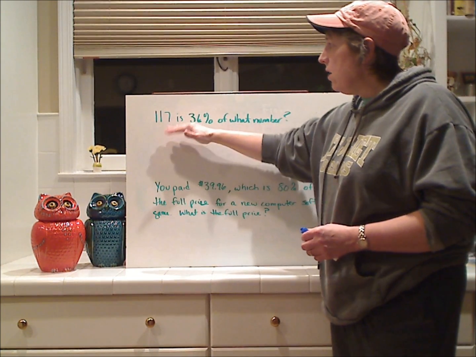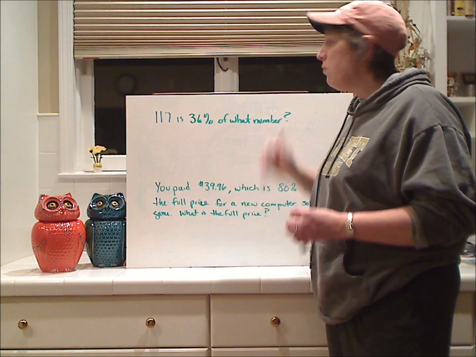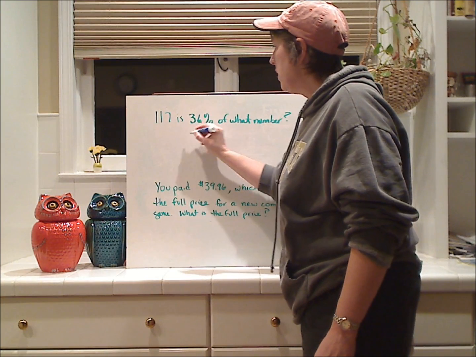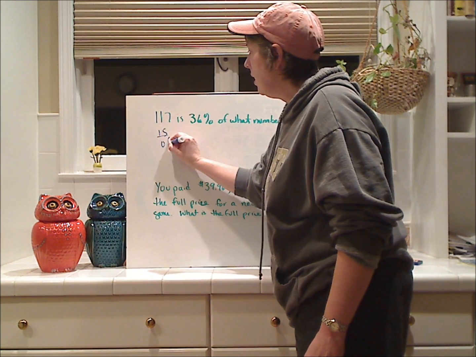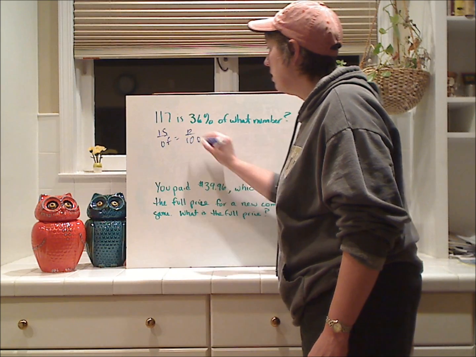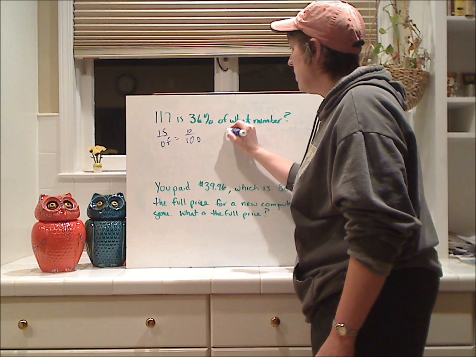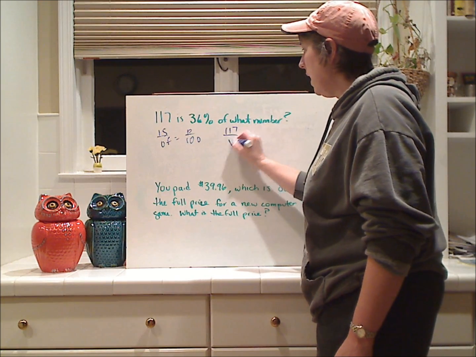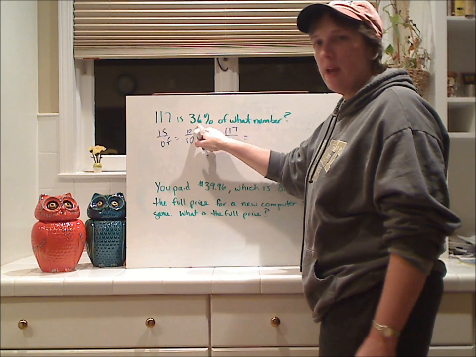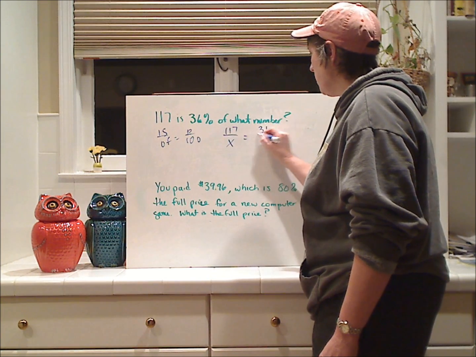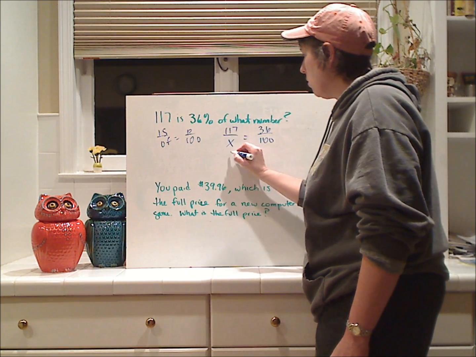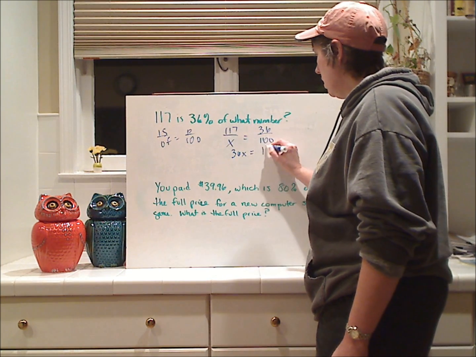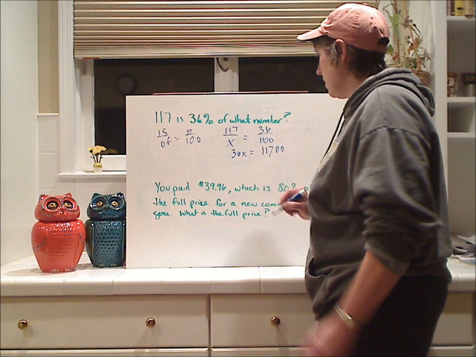We have 117 is 36% of what number? Well, the percent equation helps us to figure that out, because if we do is over of equals P over 100, we're going to get 117 over what number, x, equals 36 over 100. This is a percent, so it goes over 100. We drop the percent sign, and now we do our cross products: 36x equals 11,700.